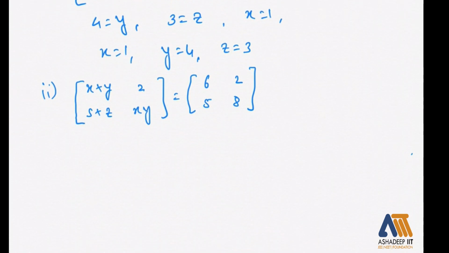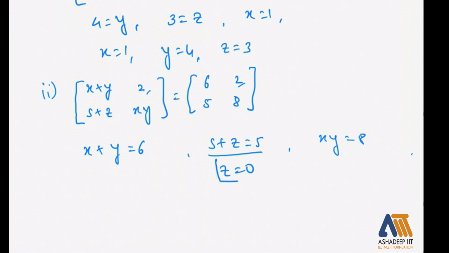If we equate these 2 matrices, then we will get x plus y is equals to 6. Next 2 is equals to 2, 5 plus z is equals to 5 and xy is equals to 8. So from here first we consider this one, 5 plus z is equals to 5, it means that z is equals to 0.